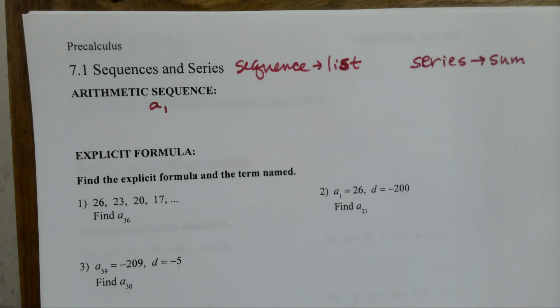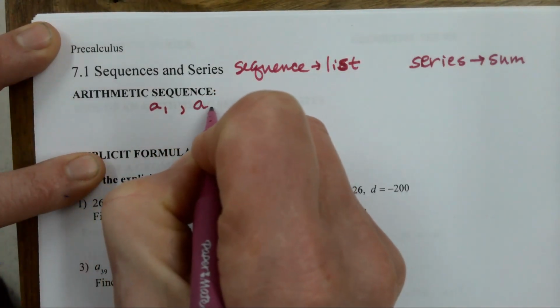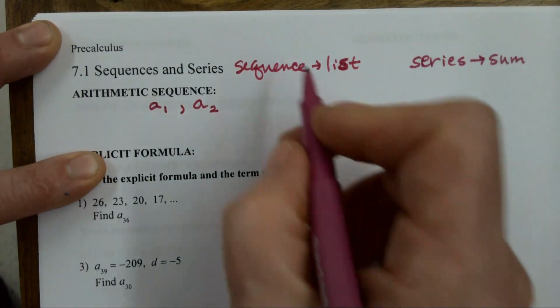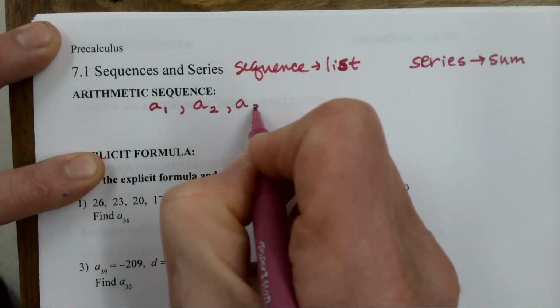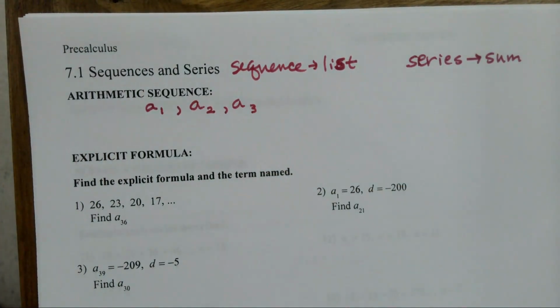That's because the subscript here is 1, and all that represents is the term number. So if my subscript is 1, it is the first term in this particular sequence. A sub 1 is followed by A sub 2, which is followed by A sub 3. I think you get the pattern, right? That means that A sub 3 represents the third term in this sequence.